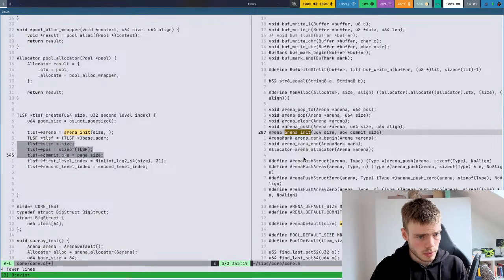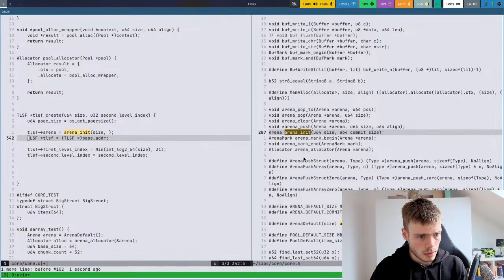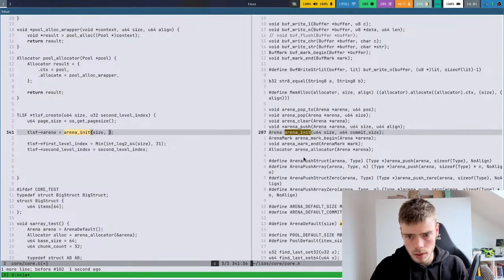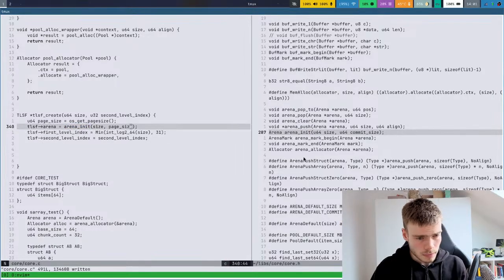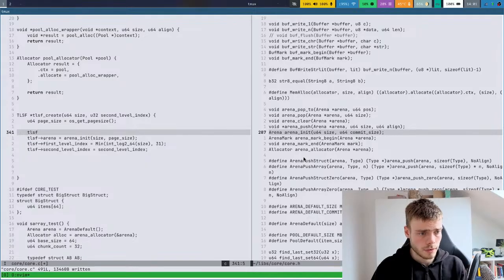Don't need this. The arena, and we just use page size.